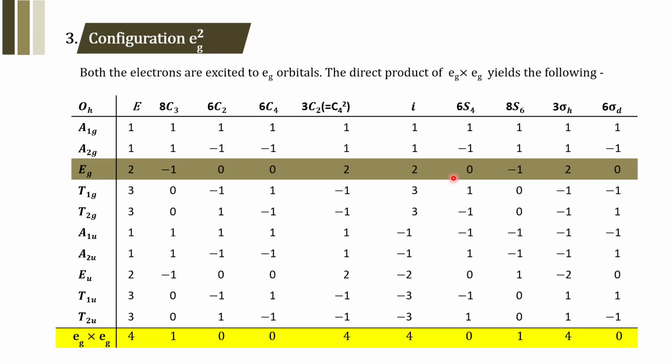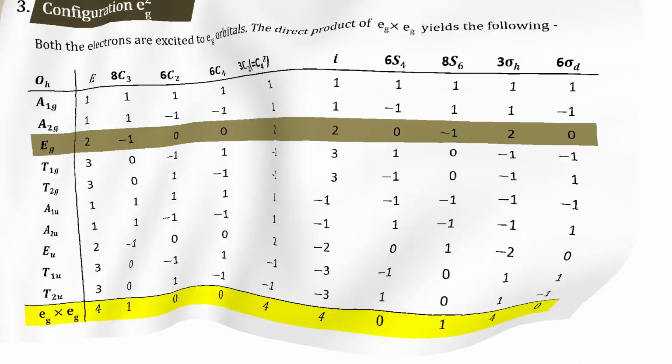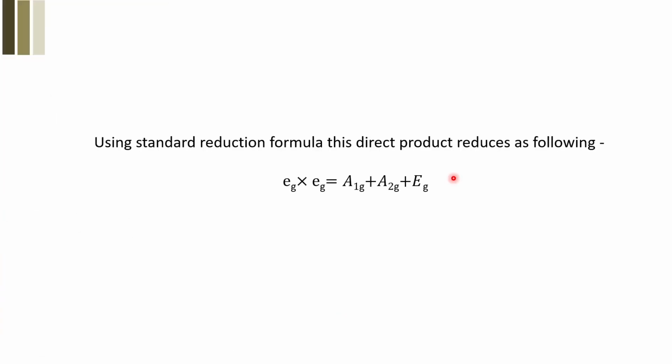Obviously, you can understand that the value has been squared, and because 4 is not any part of the character table, it can be further decomposed to give the configuration eg into eg, that is A1g plus A2g plus Eg. So what we are left with is 2-dimensional times 2-dimensional, that's 4, which comprises A1g. That reducible representation goes to irreducible components of one dimension and two dimensions.